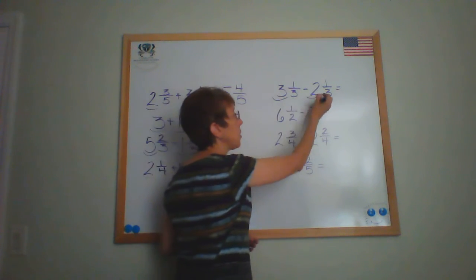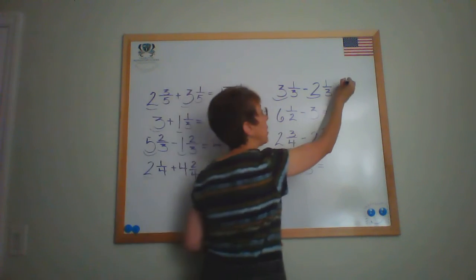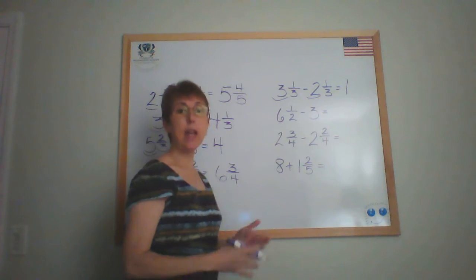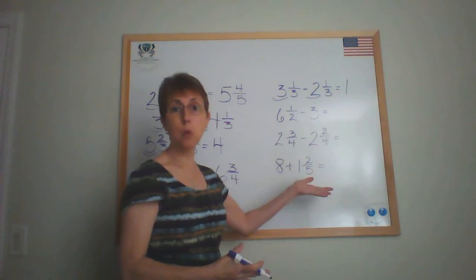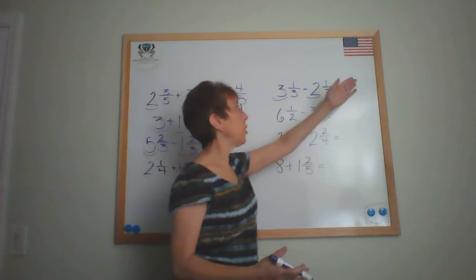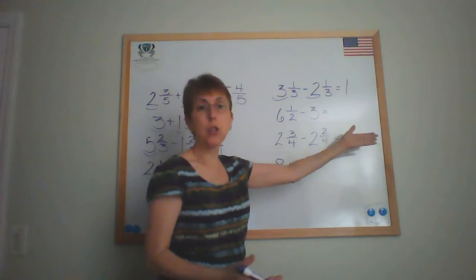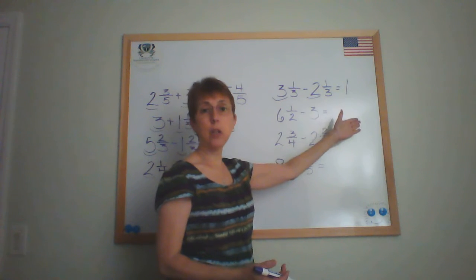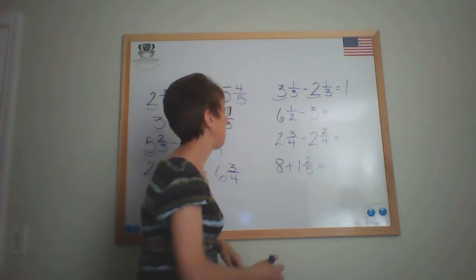Our whole numbers, 3 minus 2, which equals 1. And now we have 1/3 minus 1/3. Again, that equals 0. We don't need to write 0/3. We don't need to write 0. It's just 1. So 3 1/3 minus 2 1/3 equals 1.